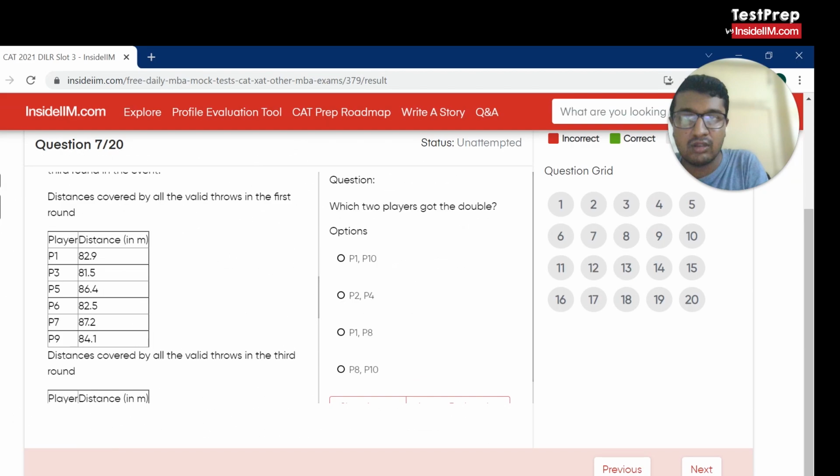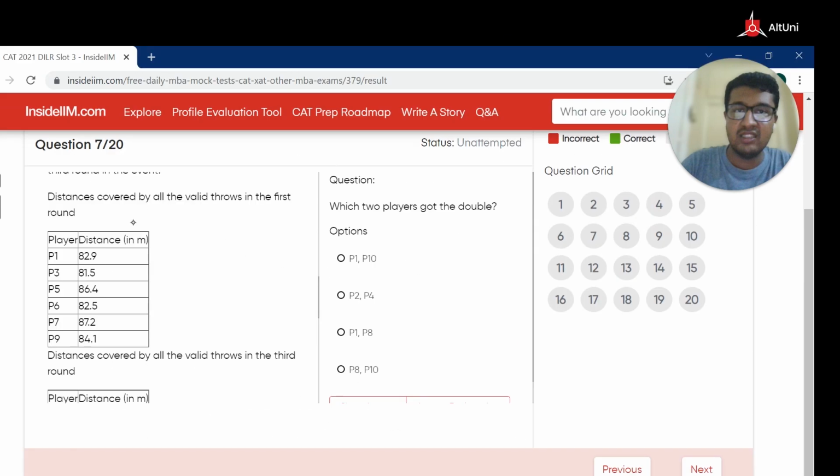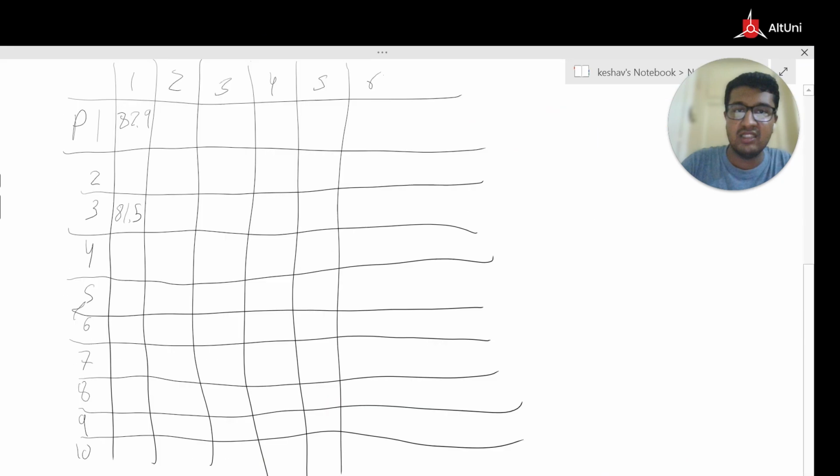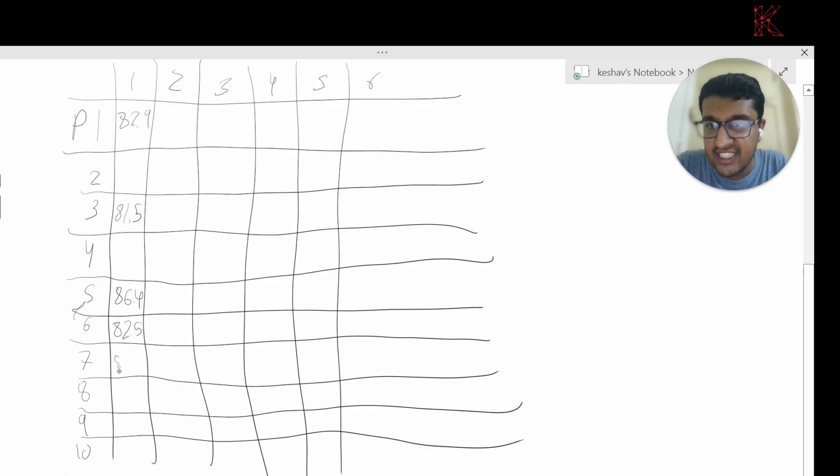Okay. So the distance covered by P1 is 82.9, and 81.5 was by P3. 86.4 and 82.5. 87.2 and 84.1 by P7 and P9, and 80.